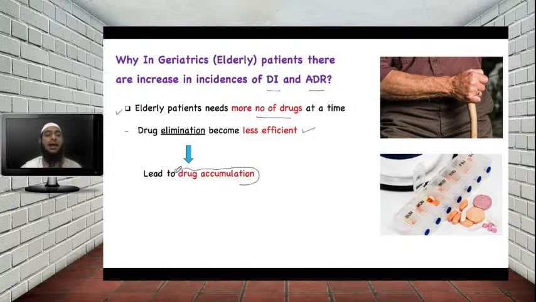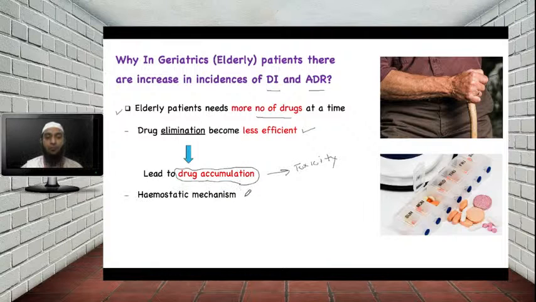As more drug accumulates, the concentration of the drug goes beyond the maximum effective concentration. When it goes beyond the therapeutic range, that drug will show signs and symptoms of toxicity. So there is an increased possibility of toxicity or ADR because the drug is less efficiently eliminated from the body. This could be the second reason why there is an increase in incidence of adverse drug reactions.